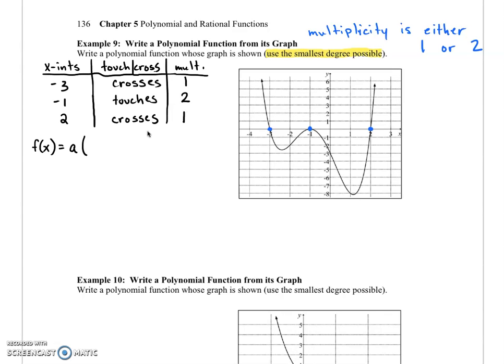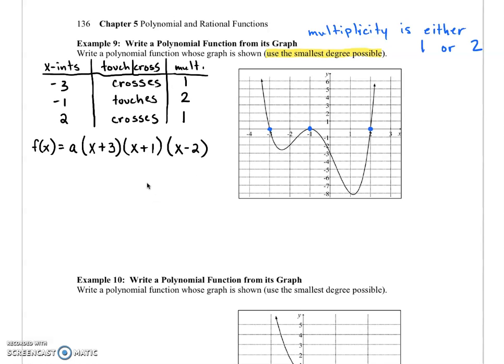Each of our factors is x minus our x-intercept. So x minus -3 is x plus 3. x minus -1 is x plus 1. And x minus +2 is x minus 2.